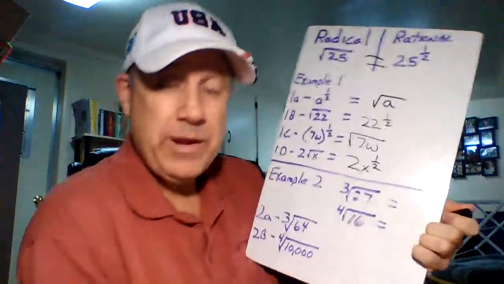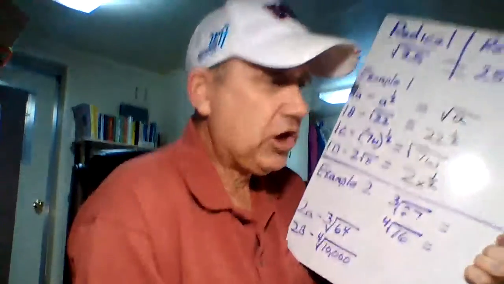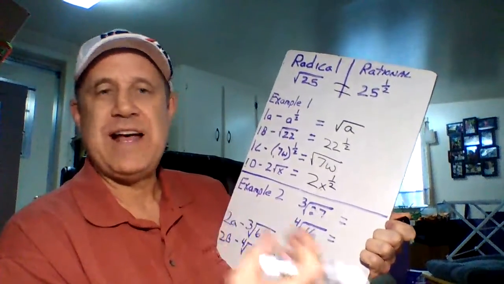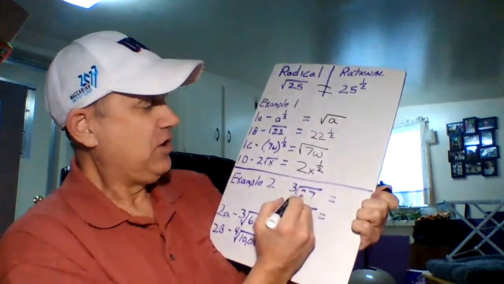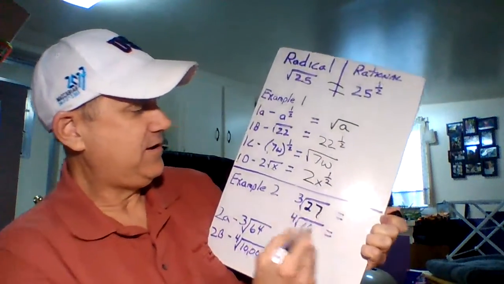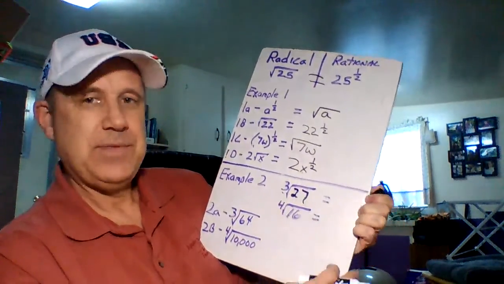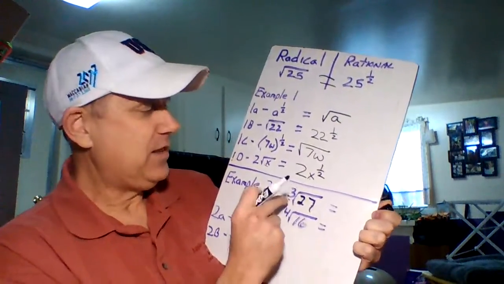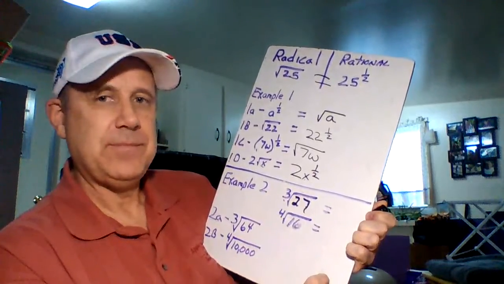Now, in example 2, we're looking at using radical and rational forms of exponents with something greater than a square root. Here we have a 3 outside of our square root. That is telling me this is the third root of 27.